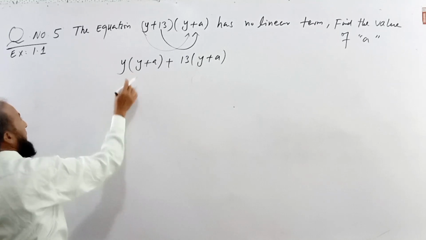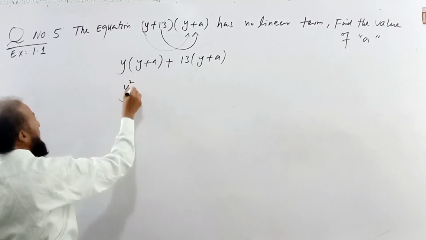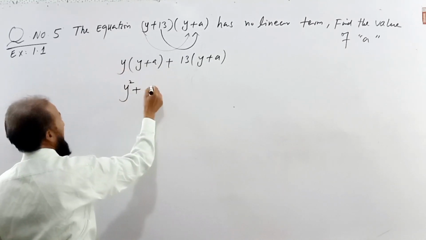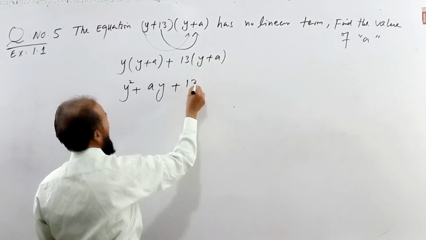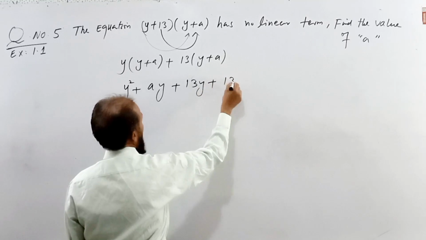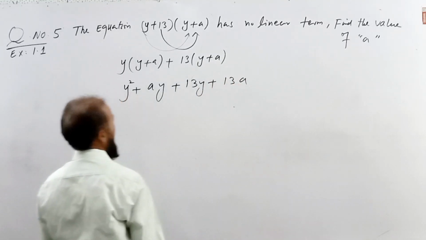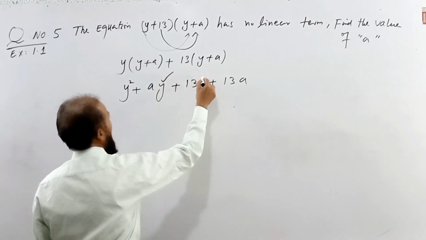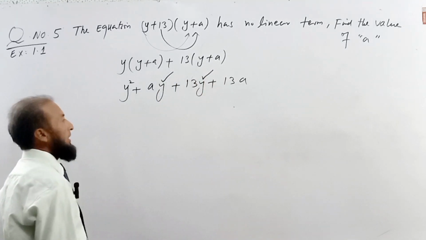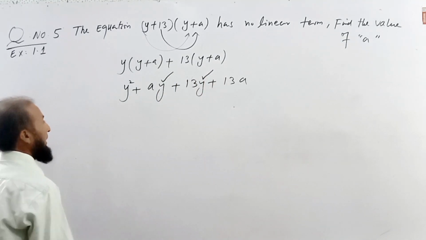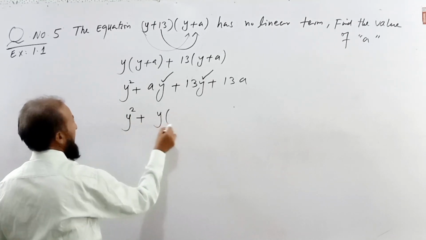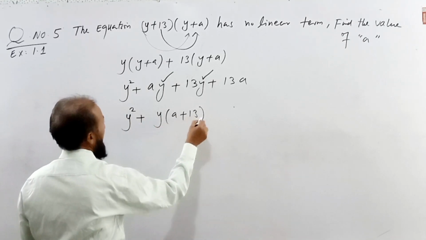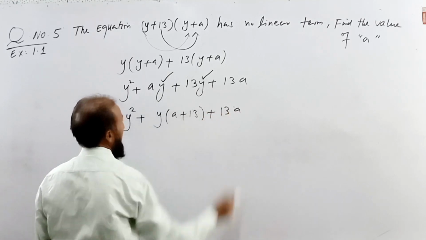Now we open the brackets: y times y is y square, a times y is ay, plus 13y plus 13a. Now we check like terms. In 13y and ay, y is common, so taking it common: y square plus y(a + 13) plus 13a.